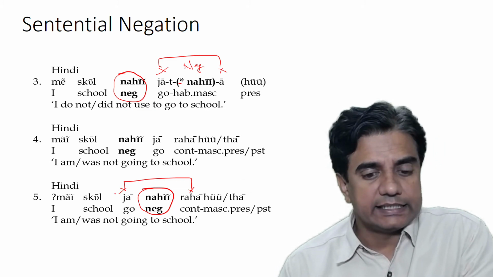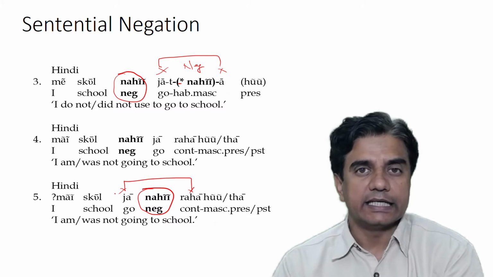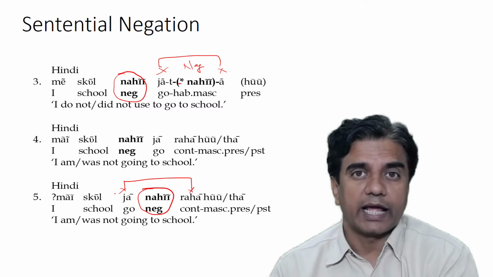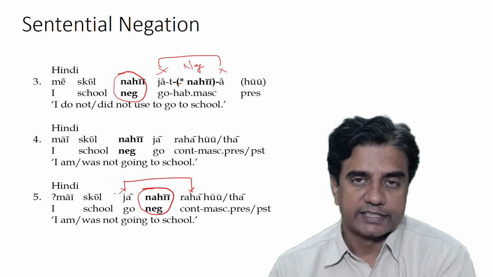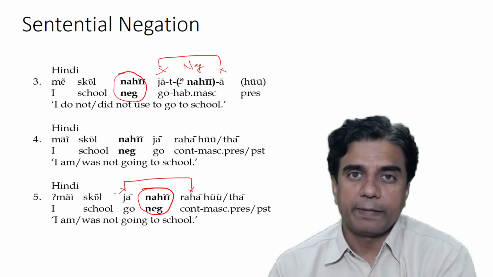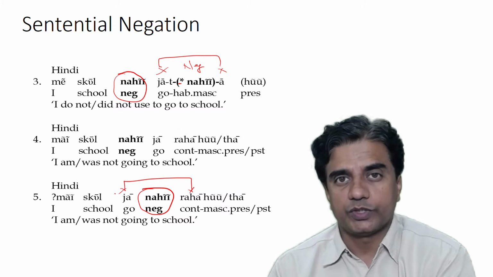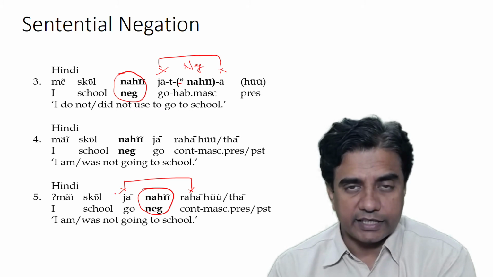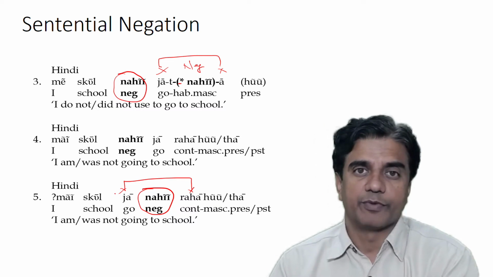Sentence number 3 indicates that when the aspectual marker appears as a morphological marker on the verb, the adjacency cannot be disrupted as in 3, whereas if they are two independent lexical items, that is the verb and the aspectual marker, then a negative element interfering with the adjacency of the two is okay, as demonstrated in sentence number 5.